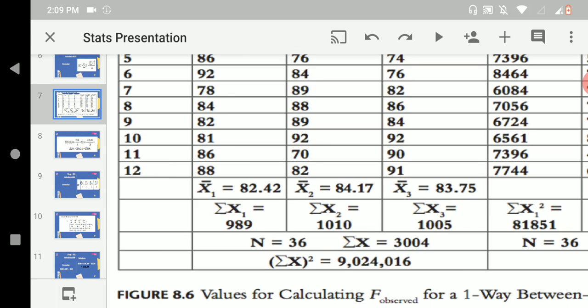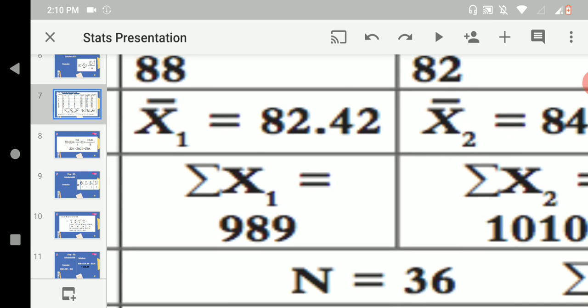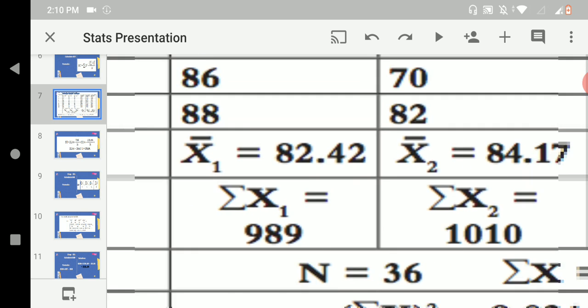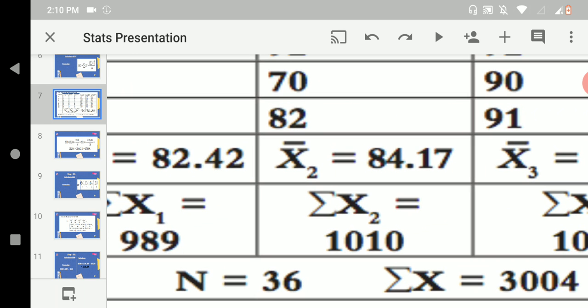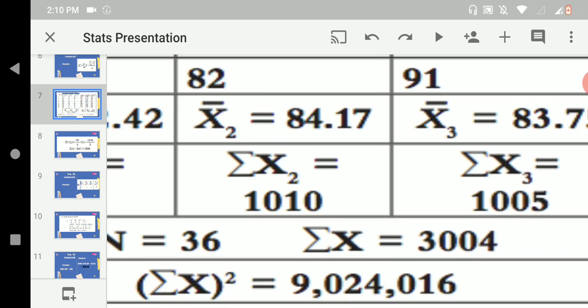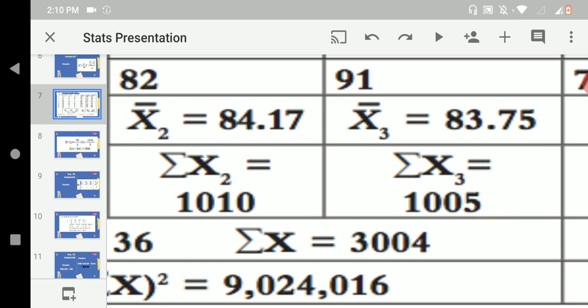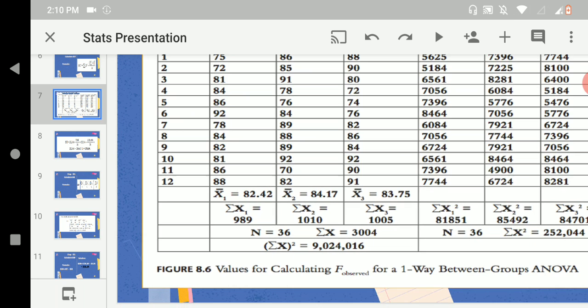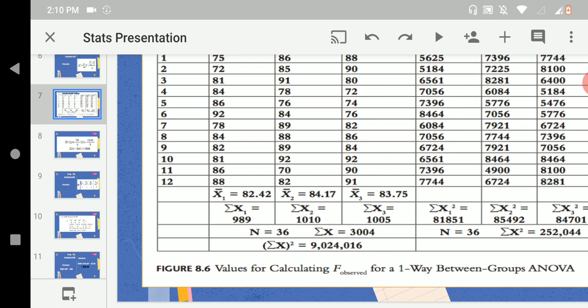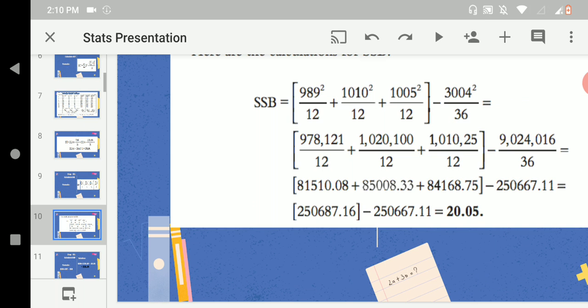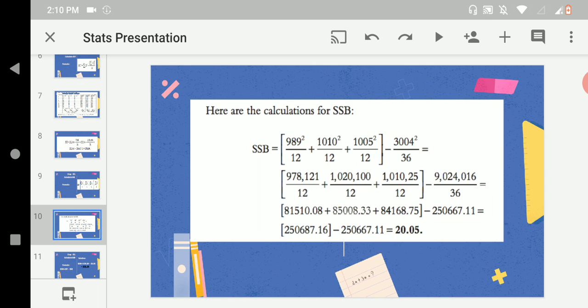This one is for x1, the 989, and for the second class we have 1010. For the third class we have 1005. So we're just going to substitute these.